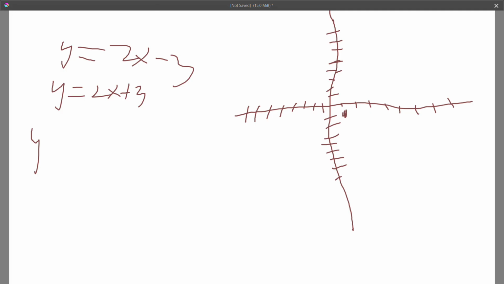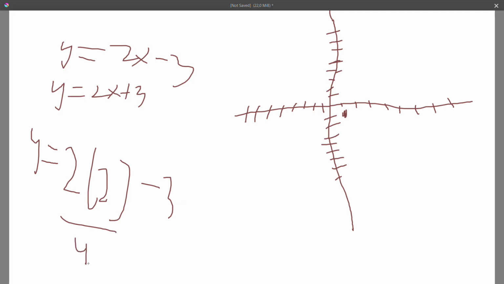So when x is 2, y is gonna be 2 multiplied by 2 minus 3. Now 2 multiplied by 2, that's 4 minus 3. That's equal to 1. So when x is 2, y is 1. So it's going to be right over here. X is 2, y is 1. Right over here.